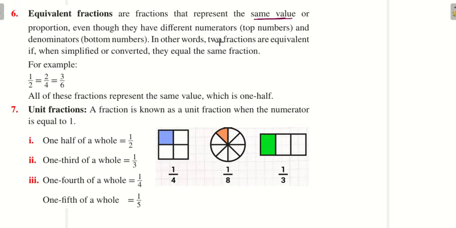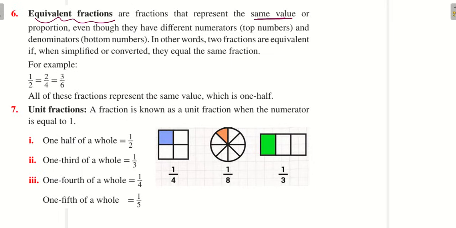In other words, two fractions are equivalent if, when simplified or converted, they equal the same fraction. So let's get this one very clear. When we say fractions are equivalent, their denominators and numerators may differ, but their value may be the same.